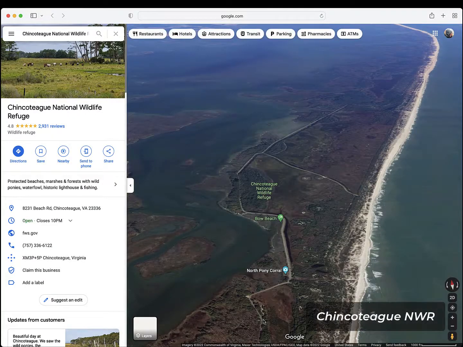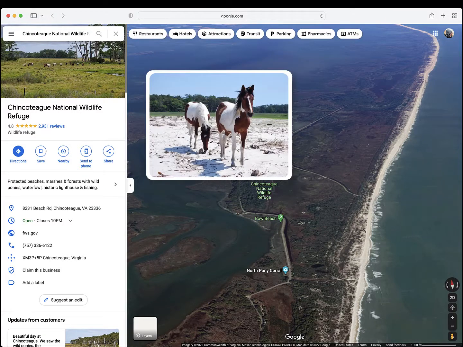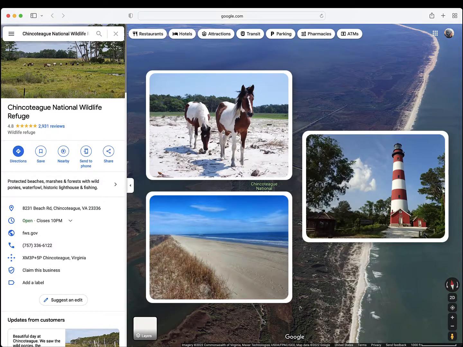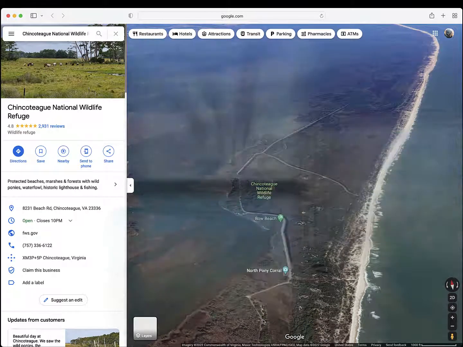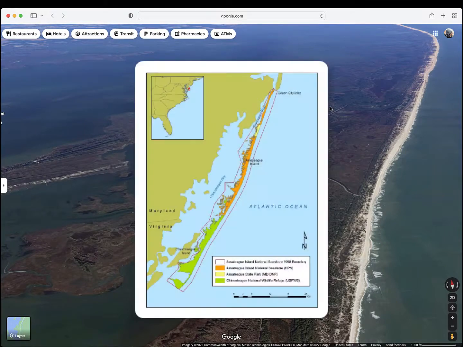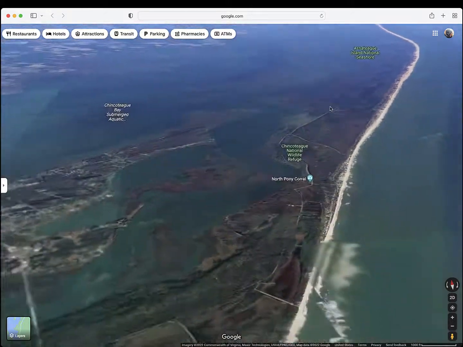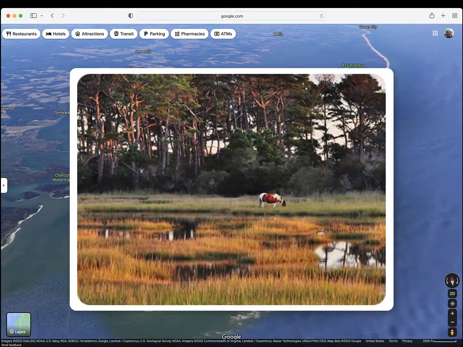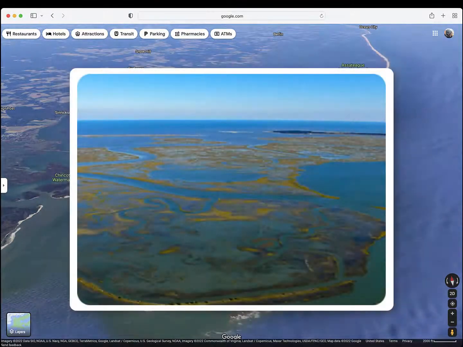Welcome to the Chincoteague National Wildlife Refuge, along the passive continental margin of eastern North America. If you like wild ponies, historic lighthouses, and long sandy beaches, then this is the place for you. It's located on Assateague Island, part of a long barrier island complex that is separated from the mainland by coastal wetlands that include swamps, salt marshes, lagoons, and bays.